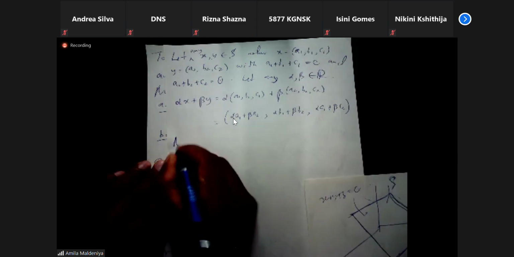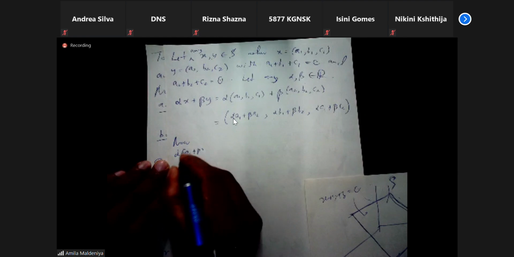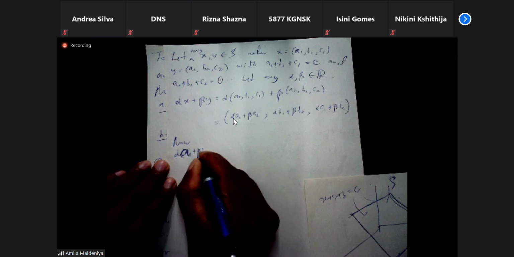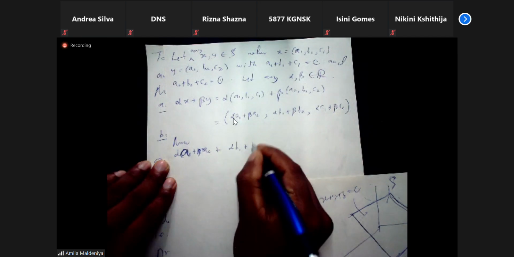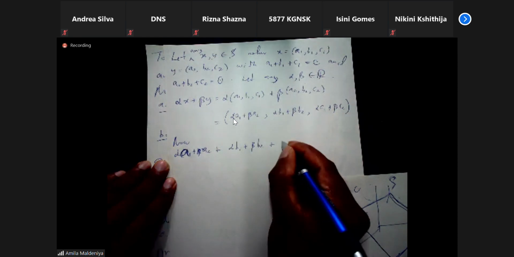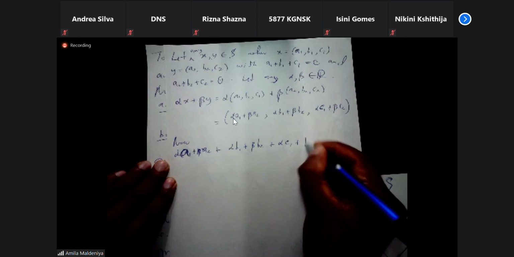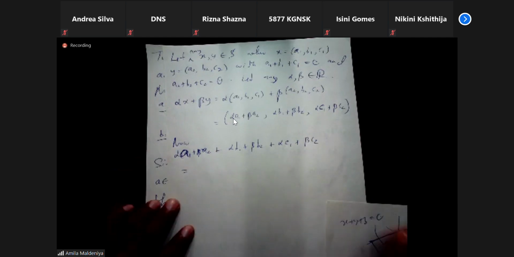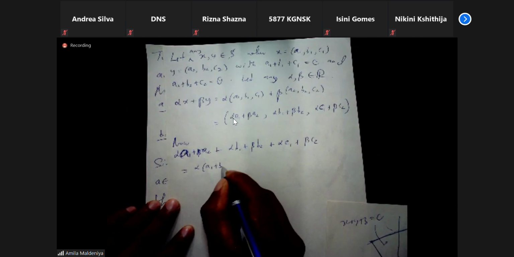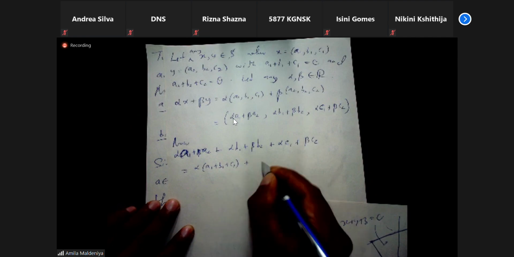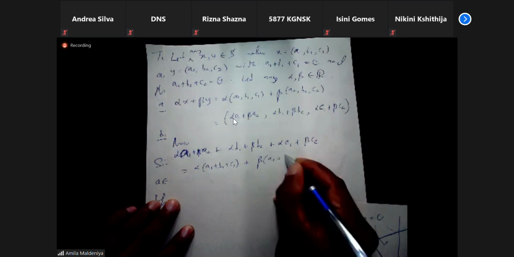Now, alpha A1 plus beta A2 plus alpha B1 plus beta B2 plus alpha C1 plus beta C2, which I can simplify to alpha times (A1 plus B1 plus C1) plus beta times (A2 plus B2 plus C2).